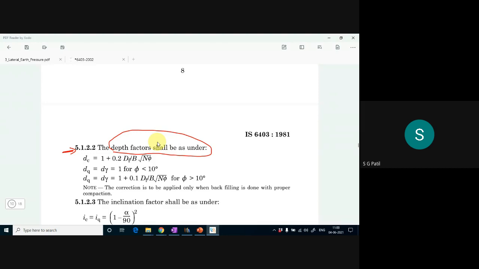DC is 1 plus 0.2 dF by B into square root of N phi, and DQ is equal to D gamma if phi is less than 10 degree. Since my phi value is 32 degree, which is greater than 10 degrees, then I should use these formulas. So DC, DQ, these two formulas I should use.